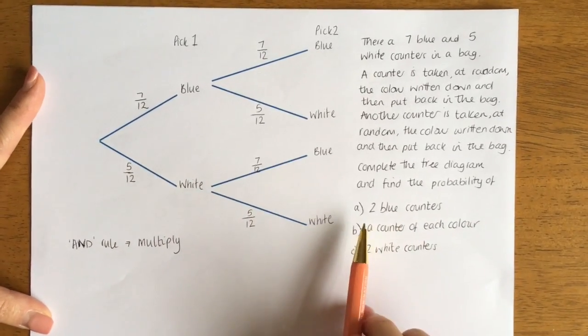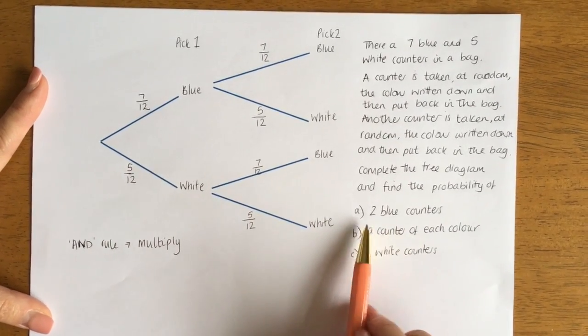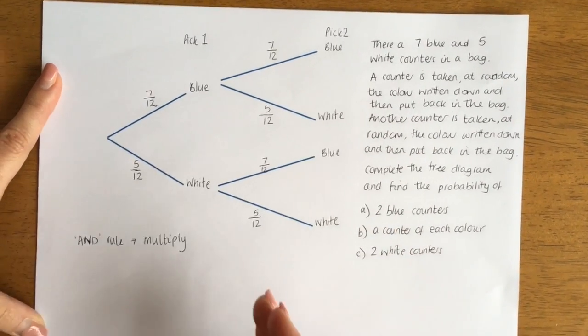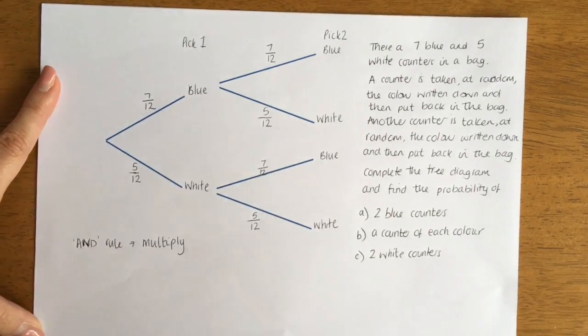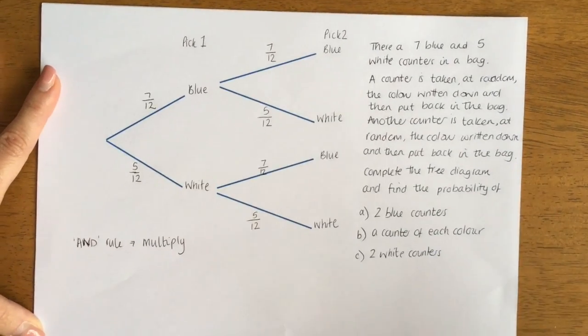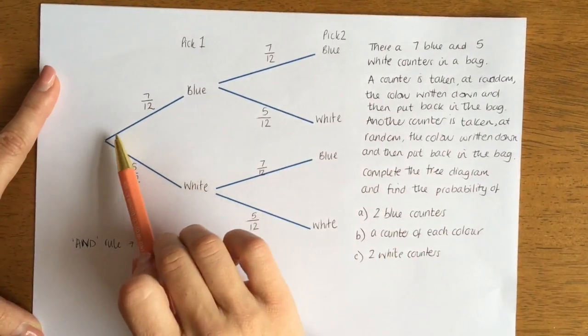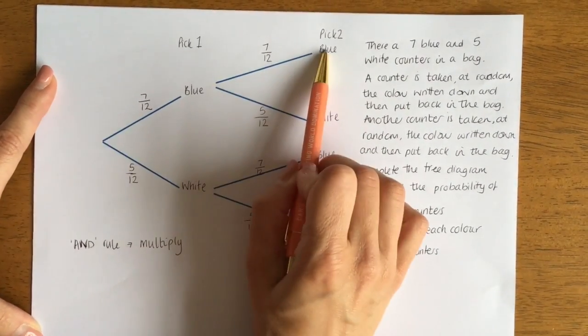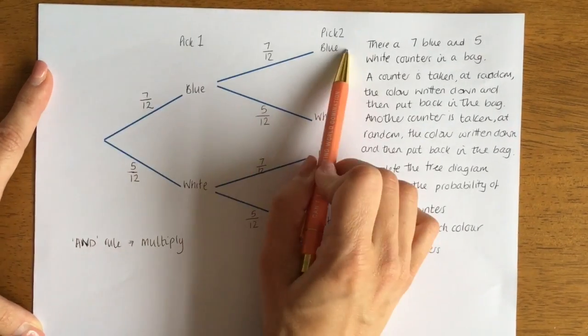So the first one, part A, is looking at picking 2 blue counters. On the first pick I choose a blue, and the second counter I pick is blue. So if I move through the tree diagram, I want this branch followed by this branch because it goes blue, blue.